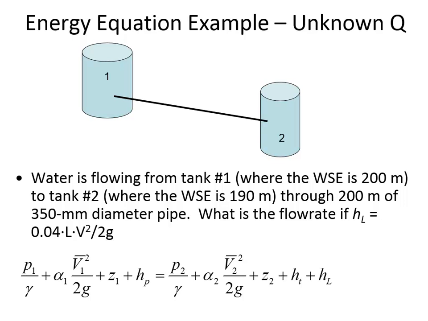So what I'm doing in this example is I'm saying let's combine the diameter and the friction factor together, and let's just say, for sake of illustration in this problem, that those two together are 0.04.